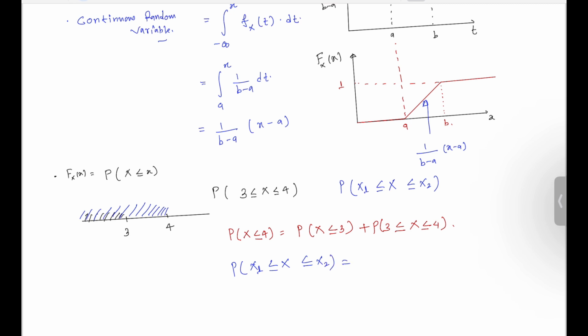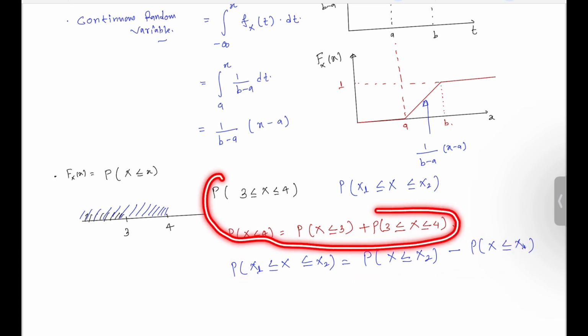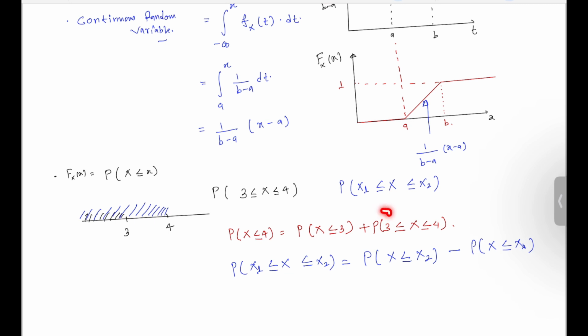This would be nothing but the probability that random variable X takes a value less than or equal to x2 minus the probability that random variable X takes a value less than or equal to x1. How have we done that? Using additivity, and I have taken this as an example. You can just simply bring this to the left-hand side, and this is what we have written.